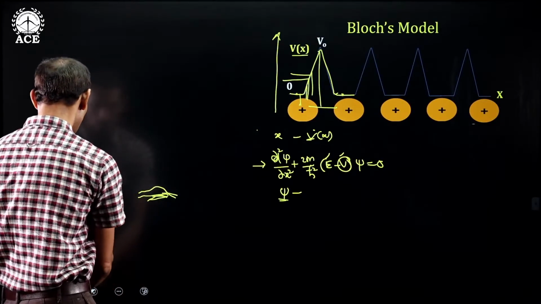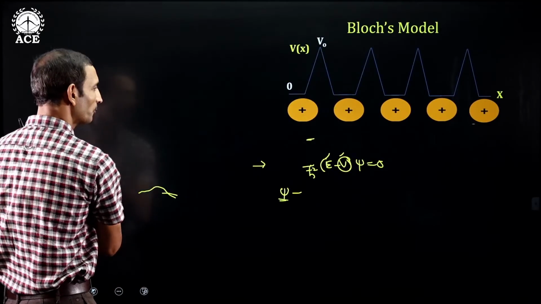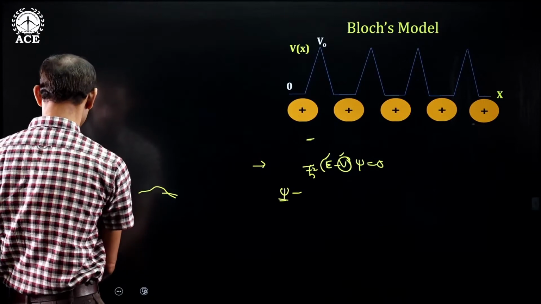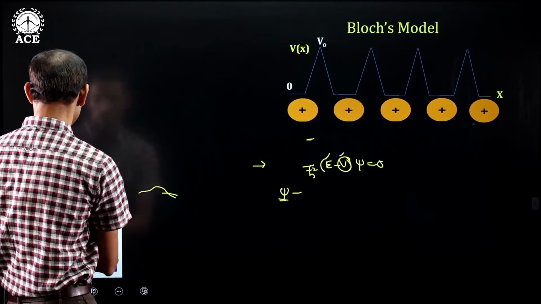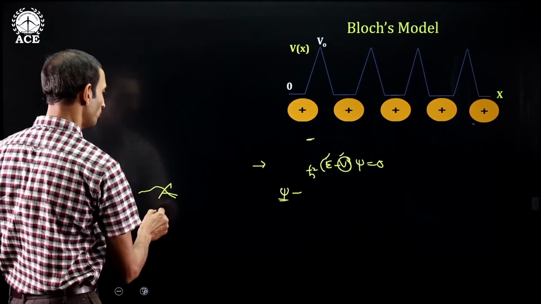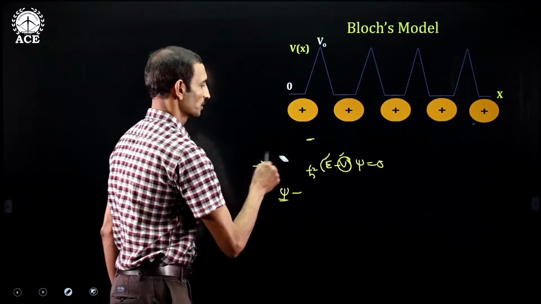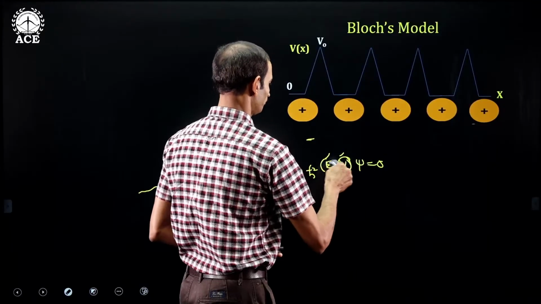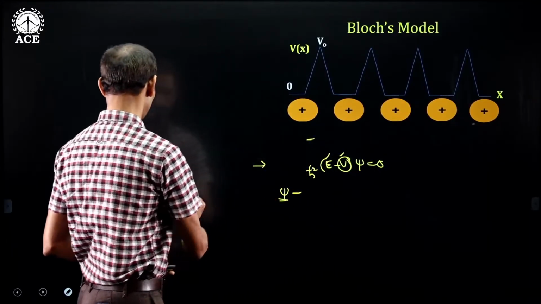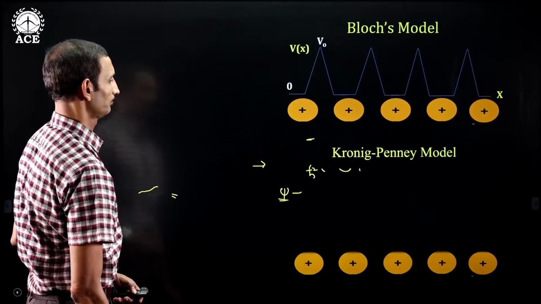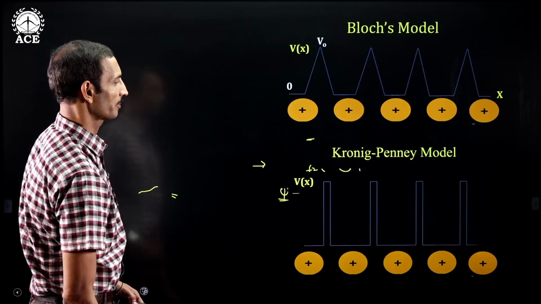What have Kronig and Penney done? They have modified this entire thing, right? How did they do it? We're going to see this one. So this is according to the Kronig-Penney model.